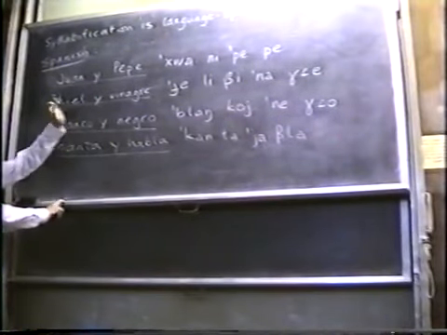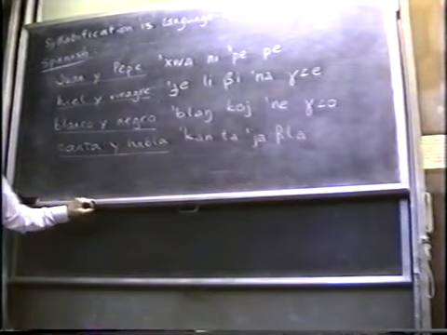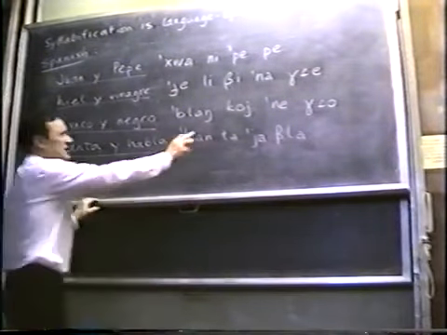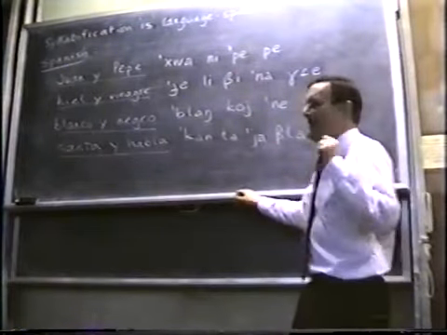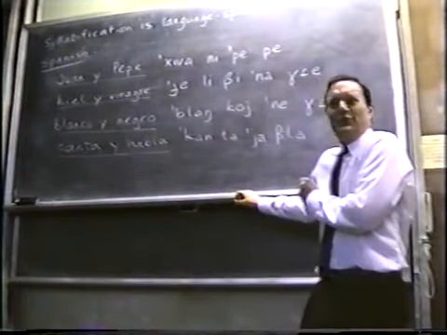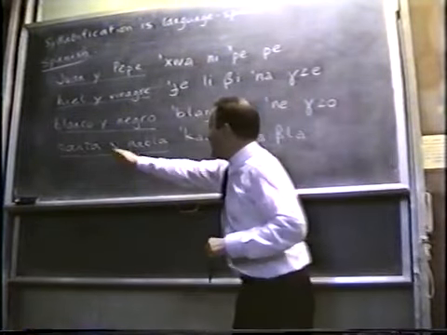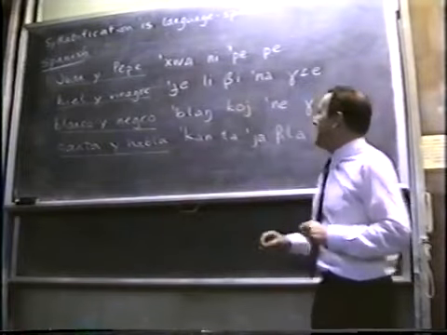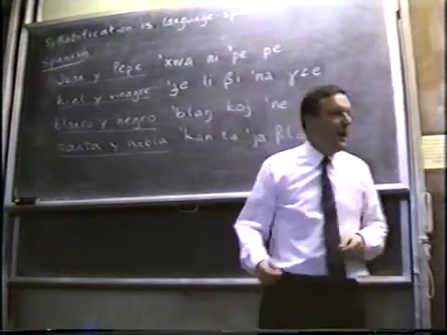Blanco y negro gives us blanco y negro. And again, English learners have to be told to do this because otherwise we won't. We say blanco y negro, and that's not as good in Spanish pronunciation. Similarly, canta y habla becomes canta y habla, and you get this same effect.